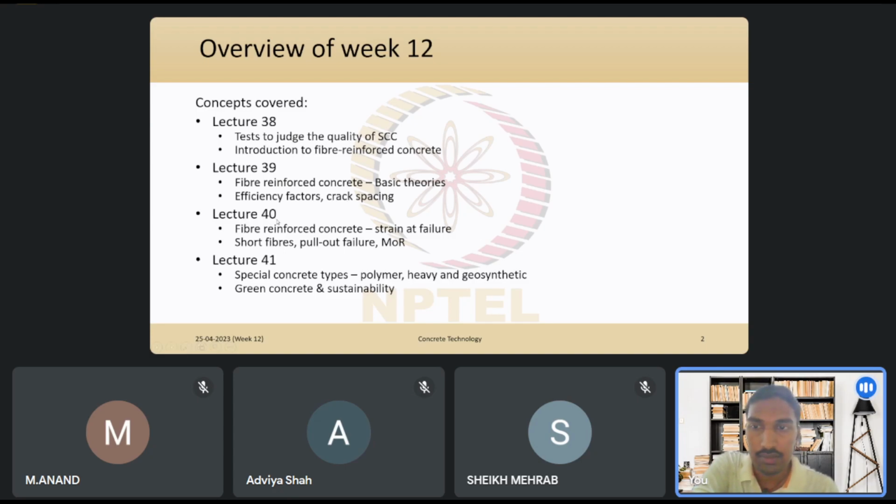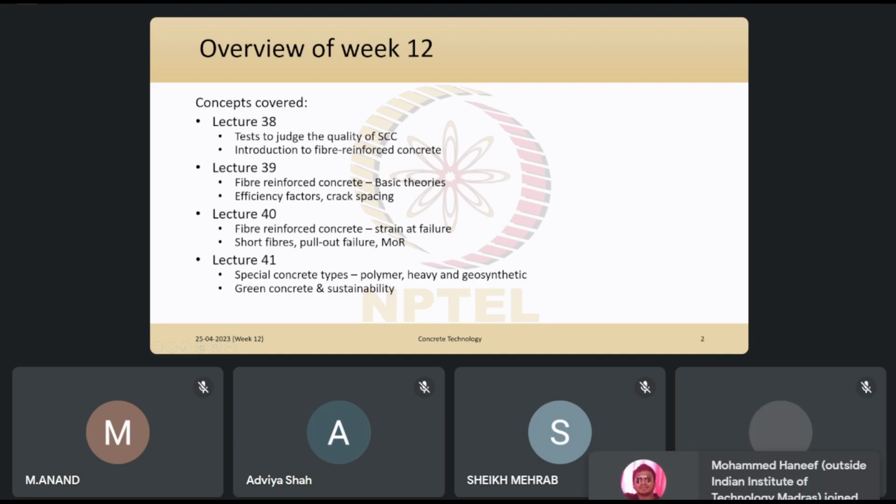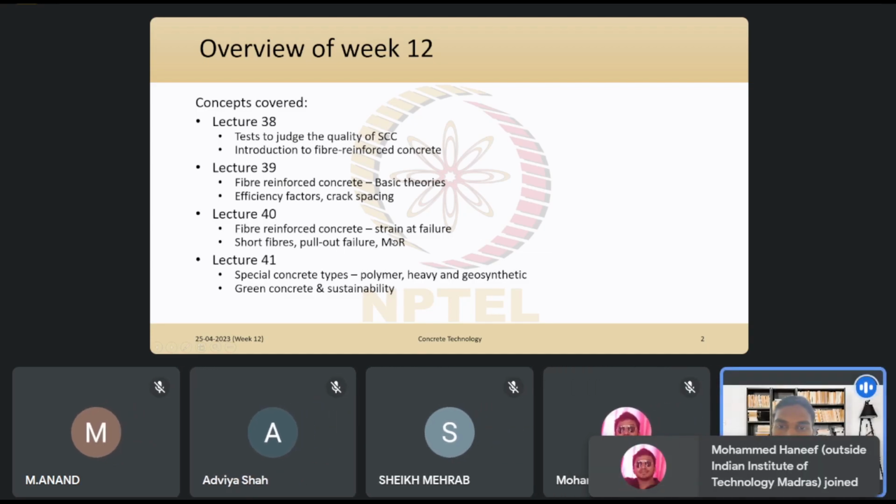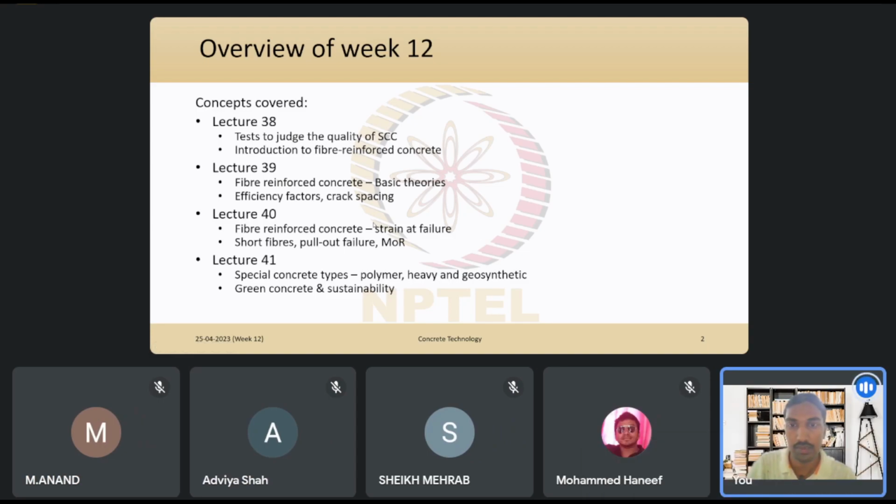In the third lecture, we continued with fiber reinforced concrete. In particular, we looked at the strain at failure, how the ultimate strength is affected, and also different properties, durability, workability, and so on, and different types of failures like due to short fibers and pull-out failures, and how the modulus of rupture and so on is affected.